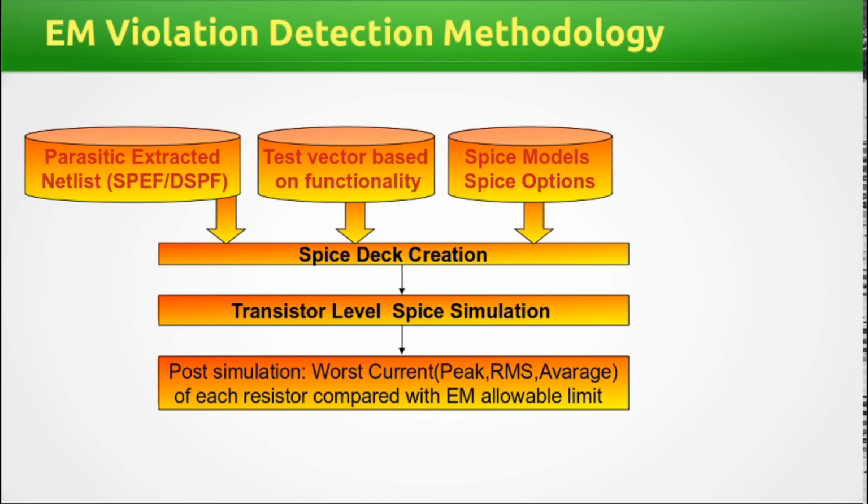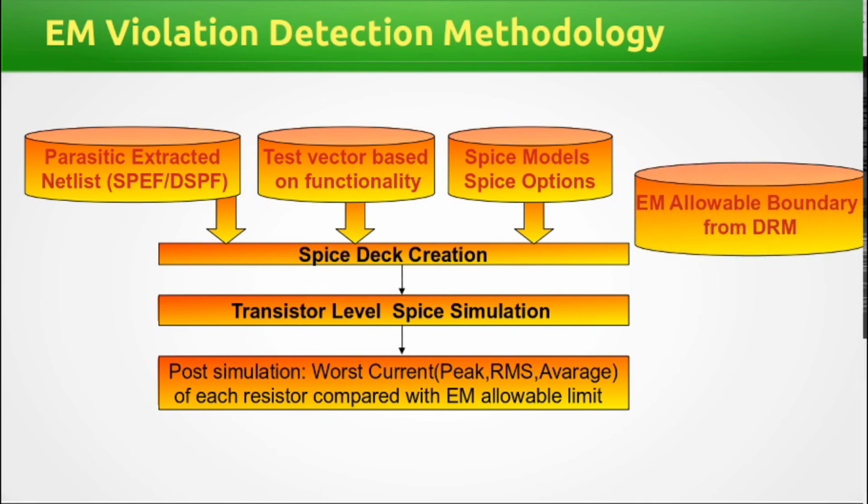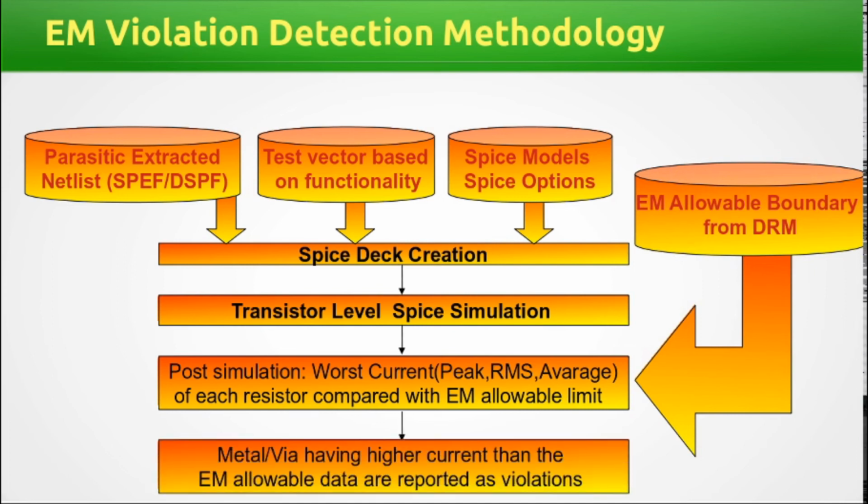The worst current of each resistor is compared with the EM threshold, and this threshold comes from the DRM. As a result, we generate the violation map. The metal or via which are having higher current than the allowable boundary limit as per the DRM are flagged as violations. So it could be current or it could be current density, both.